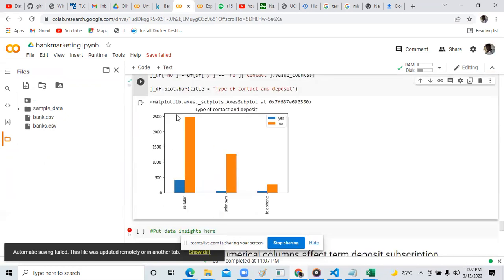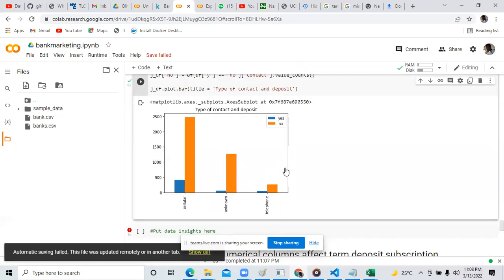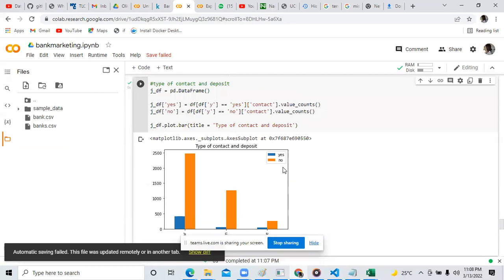So it looks like the guys that we contacted via landlines deposited more than the guys we contacted via telephone. What do you guys think? Well, I actually think that in present day context, most people use more telephone than landline.